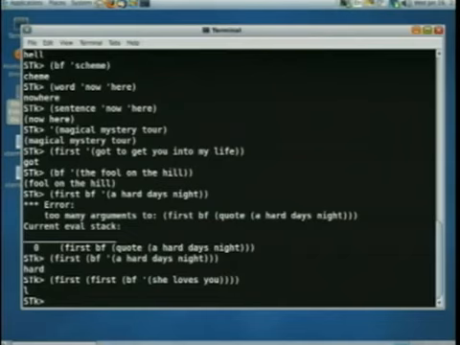The other 10% of the Scheme language: we can give names to things. So I can say, four.